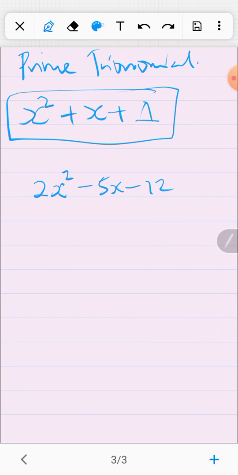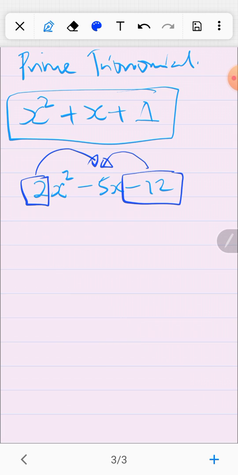Remember, I look at these two numbers, this one right here and this one right here, with its sign. Please always take it with its sign. And then I try to manipulate them together to give me the sum of the roots.